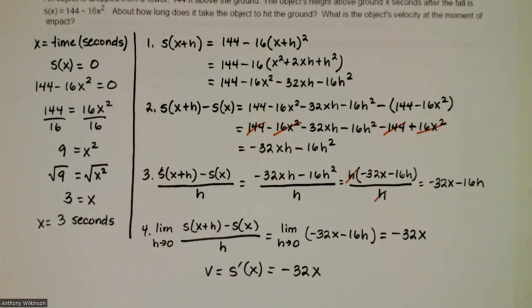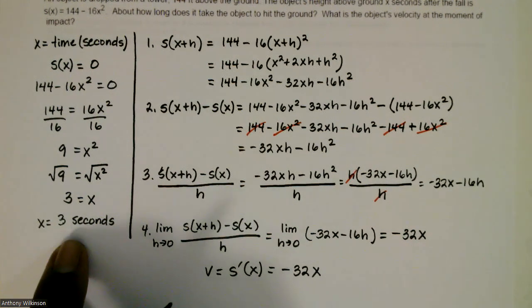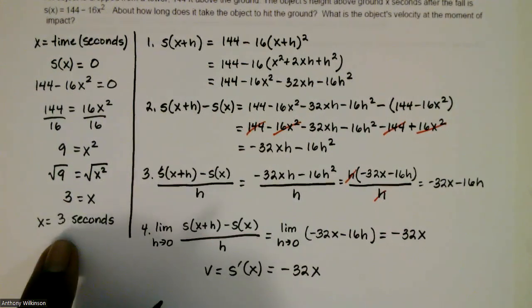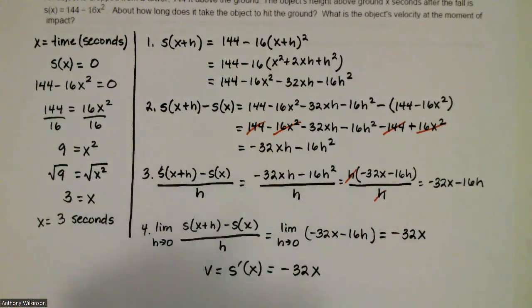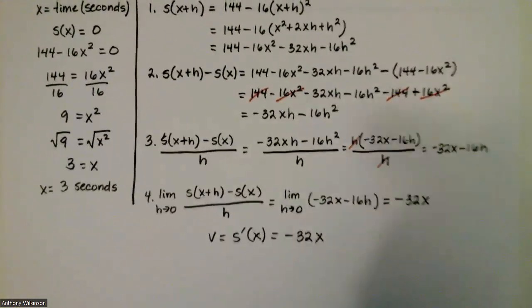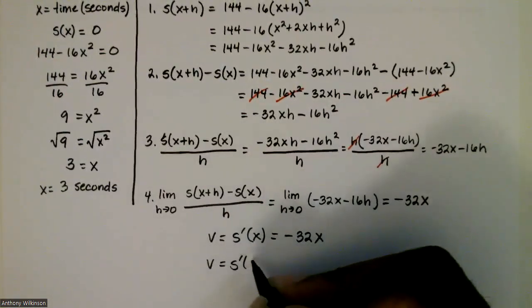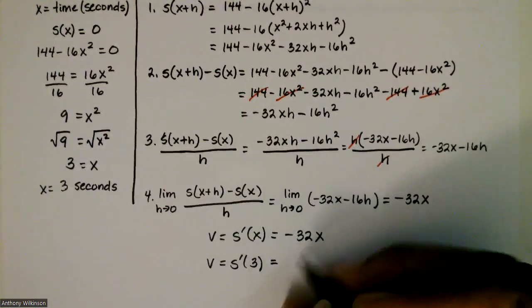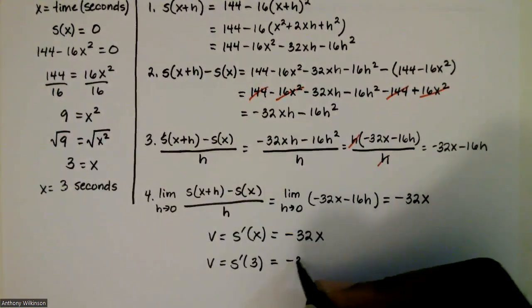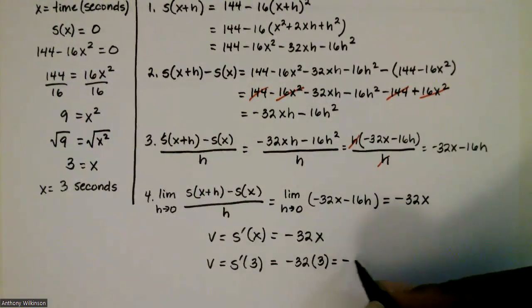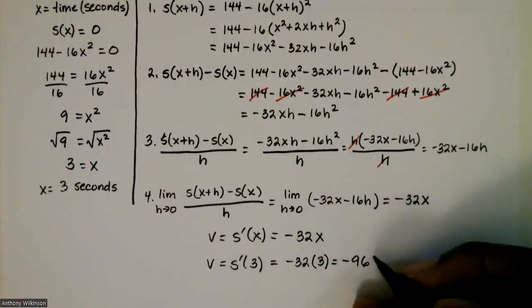So now, the object's velocity at the moment of impact. The time that it took for the object to hit the ground was 3 seconds. So to find that velocity, we just substitute the x with 3. So it'll be negative 32 times 3. That'll give us negative 96.